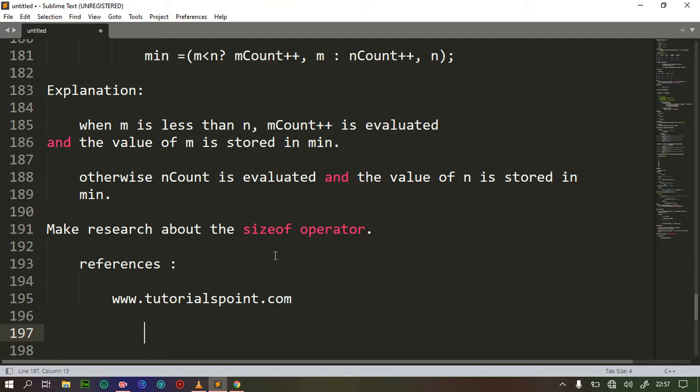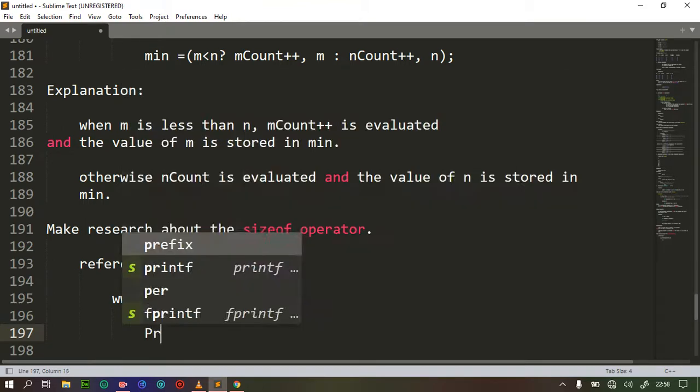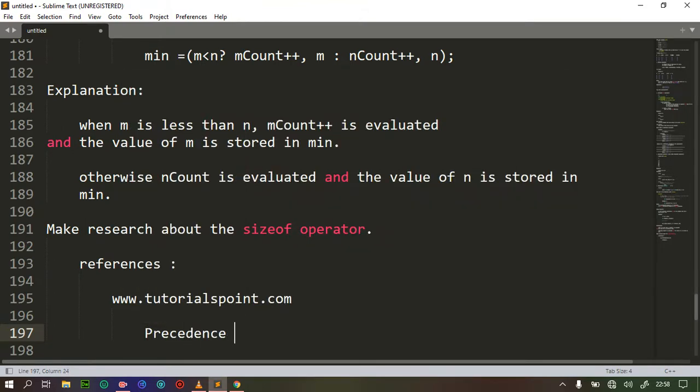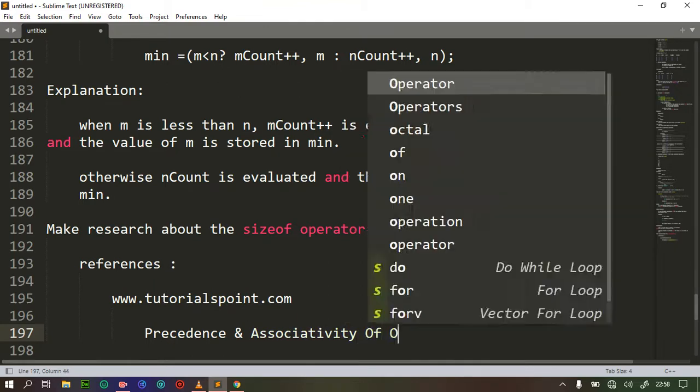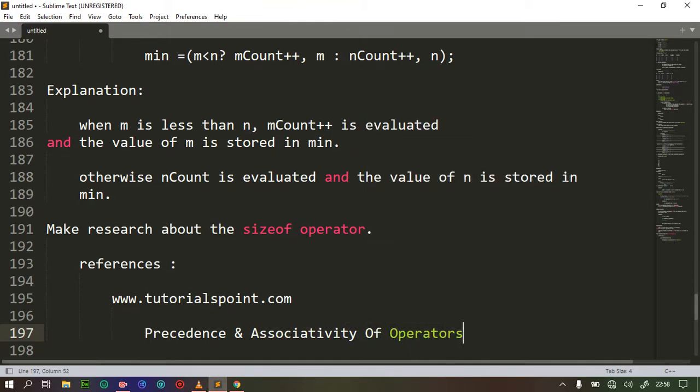Now we have something that is very, very important. Each time we use an operator, of course this has been hidden away from you in the examples I've given you up there, but for any operator there is what we call precedence and associativity of operators.